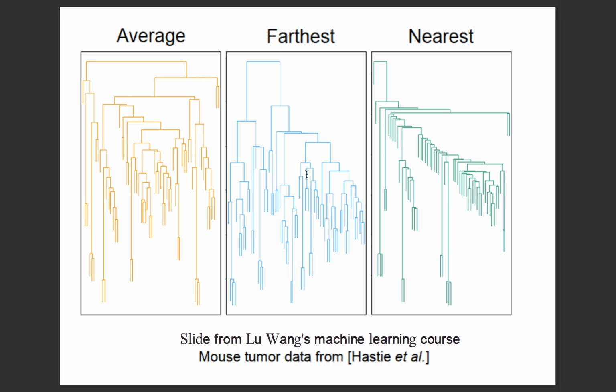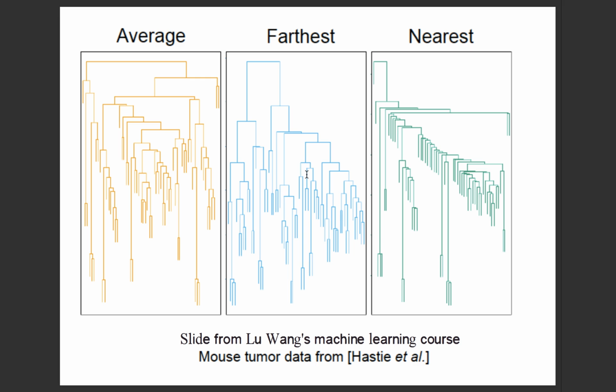Actually, we can get some sense of the problem of merging the closest ones. See, it's just like a chain. The single linkage is famous for the chain effect. If you have some points that are quite close, those points will just dominate the cluster, because single link only considers the closest one.